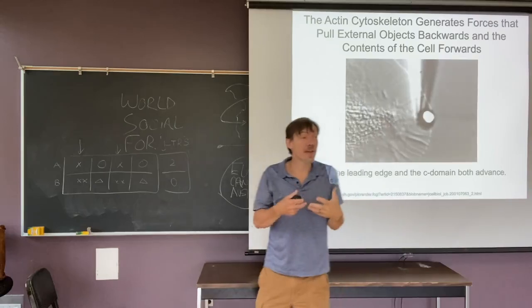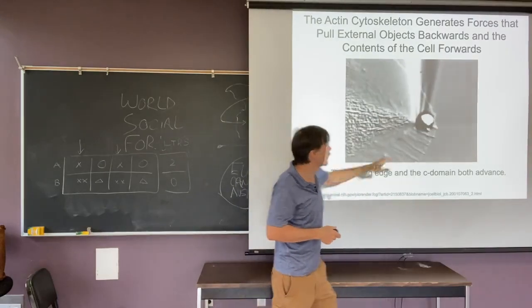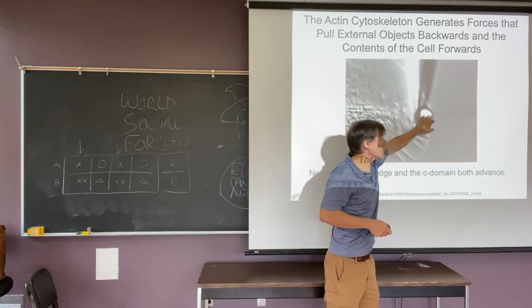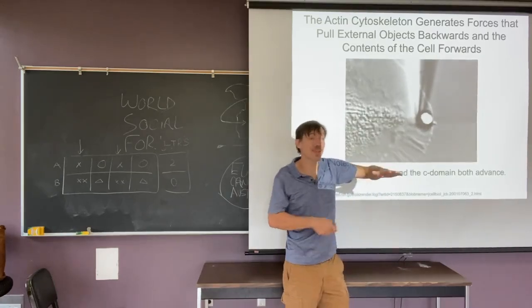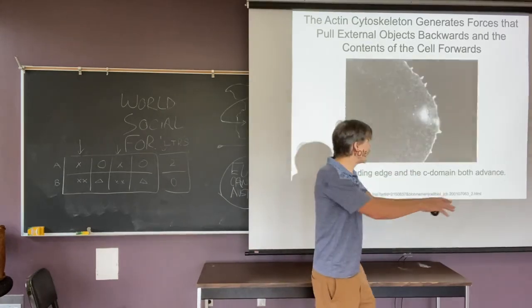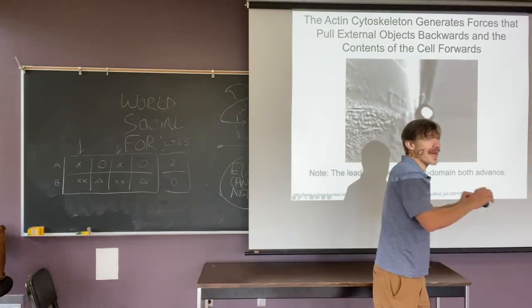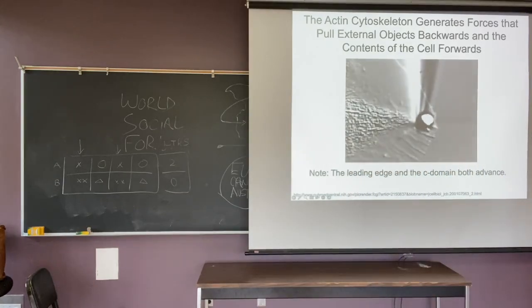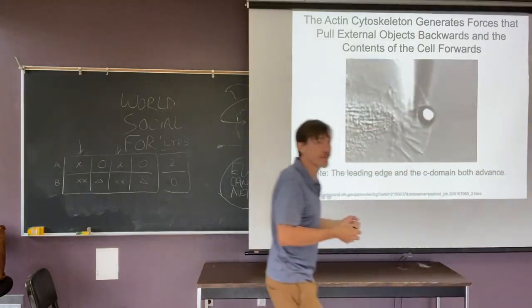The second part of this, and I don't think you can see it here, is that there's also going to be a reduction in the velocity of retrograde flow. So at the very leading edge of the growth cone, actin is trying to assemble as fast as it can, but it's also being pulled backwards.